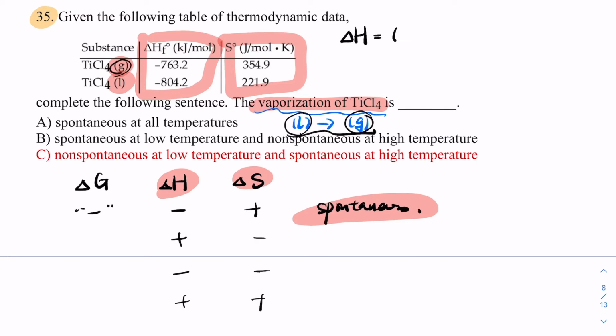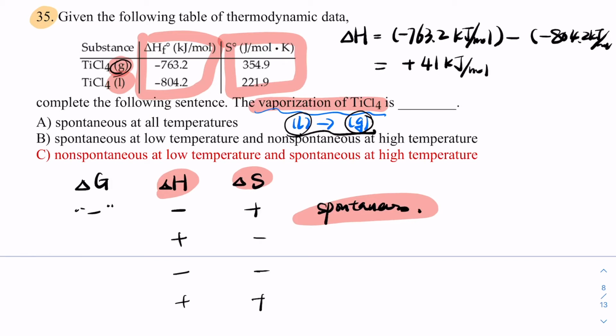So it's that kilojoule per mole minus the initial, 4.2 kilojoule per mole. Really, you don't need the actual value, since you can tell this is going to be positive. But since I already did it, the value is positive 41, so delta H is positive.